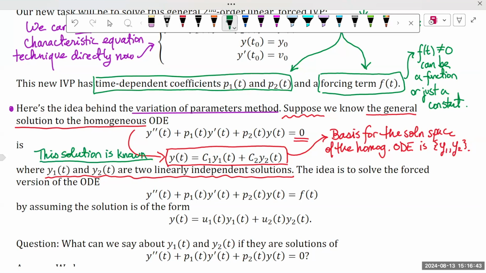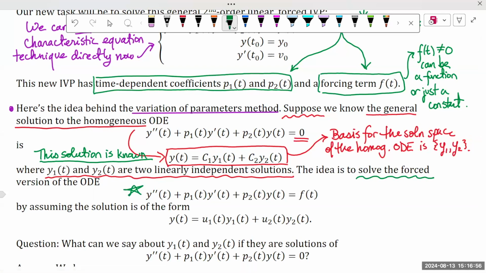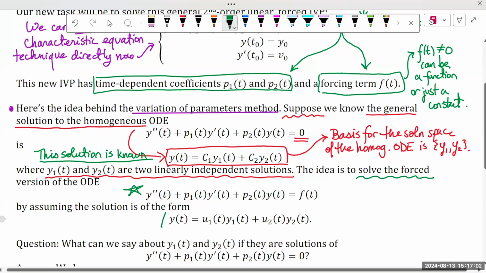Now we can move on to figuring out how to solve the associated forced version of the ordinary differential equation given here. How do we do that? We are going to assume that the solution has a form similar to that of the associated homogeneous ODE, except that we are going to allow the coefficients in front of our basis functions to now be functions of time.